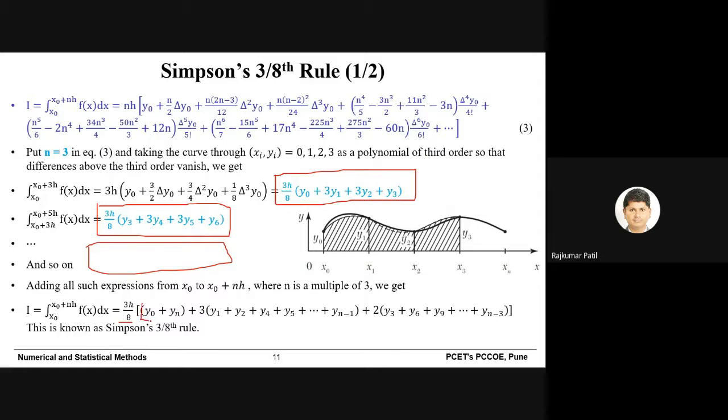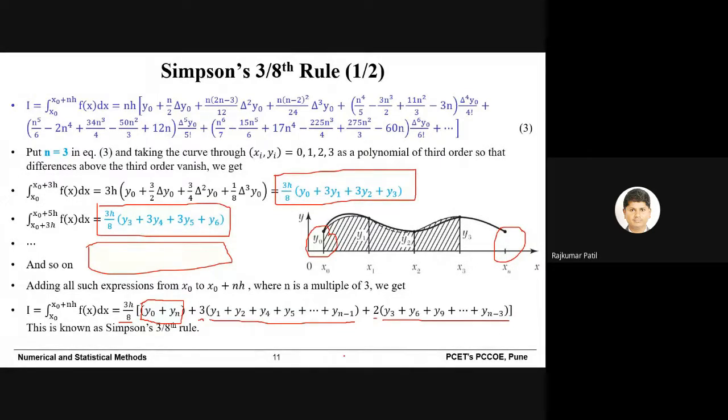In first bracket, y0 plus yn is there. So y0, that is first functional value and the last functional value, plus 3 into y1 plus y2 plus y4 plus y5 up to yn minus 1, plus 2 into y3 plus y6 plus y9 up to yn minus 3.